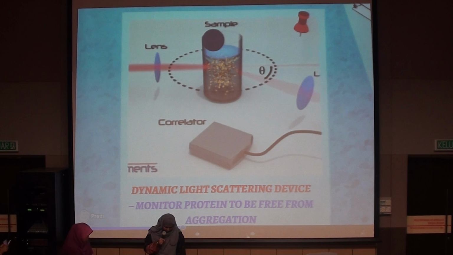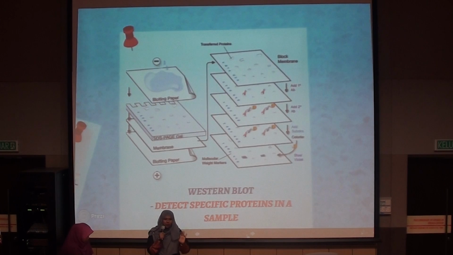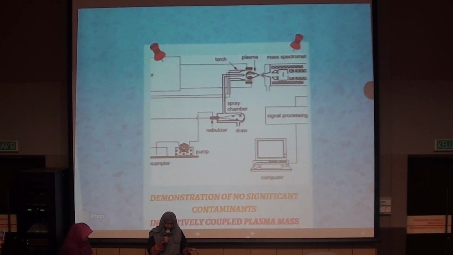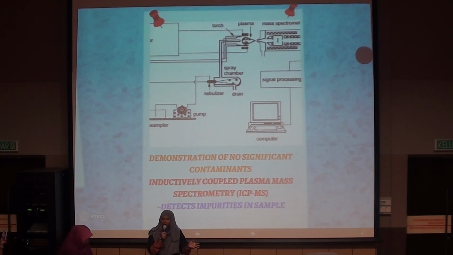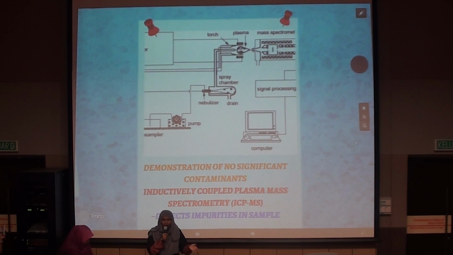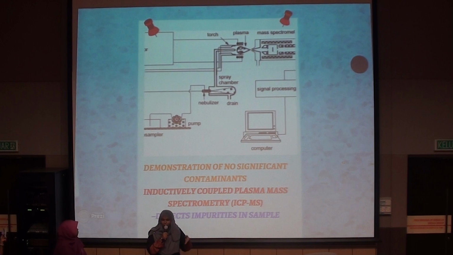Okay. So how do we demonstrate that there are no significant contaminants? One of the ways, as we all know, is agarose gel. But another alternative that we have is ICP-MS, which is inductively coupled plasma mass spectrometry. It applies mass spectrometry processes.